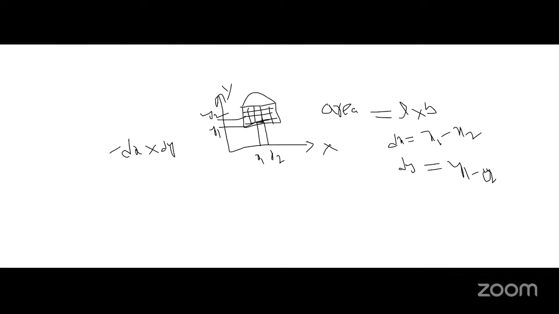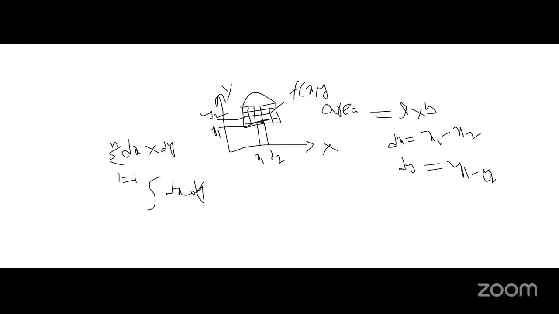We divide it into n parts, so i equal to 1 to n. We need to find the area of the n parts, which means the summation. Summation is nothing but integration. So that is dx dy, and the curve is f of x comma y.